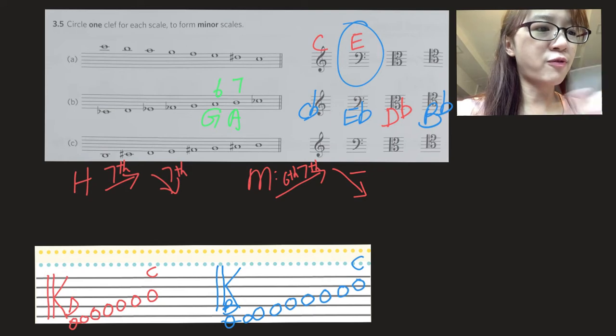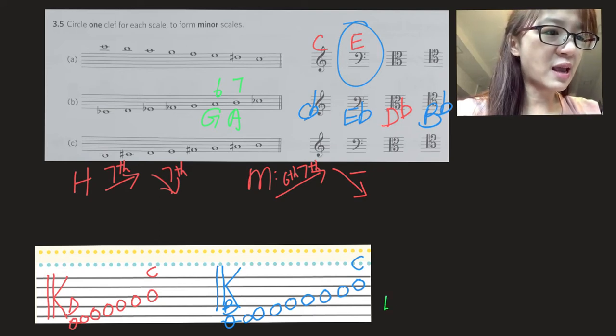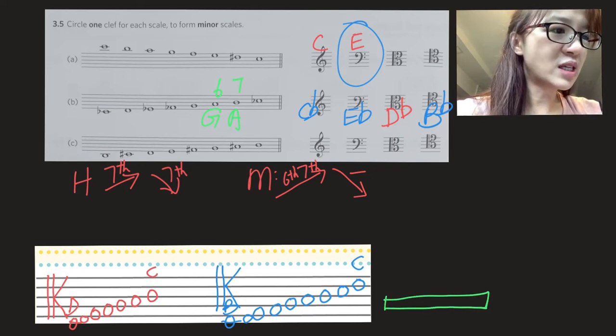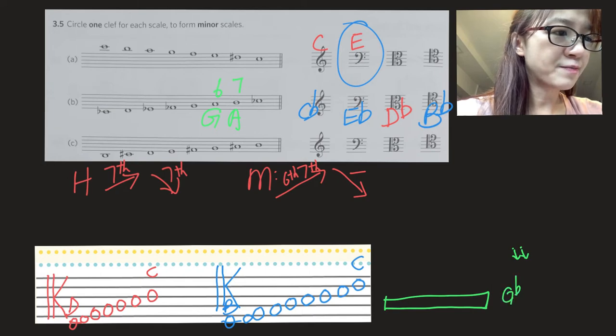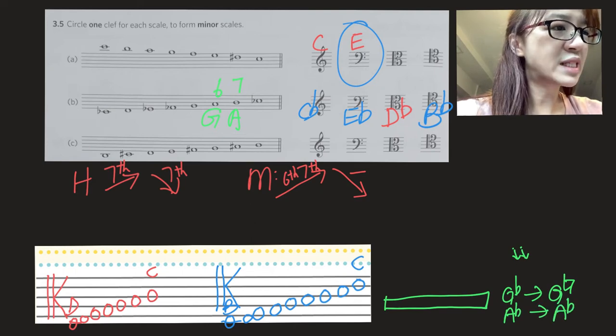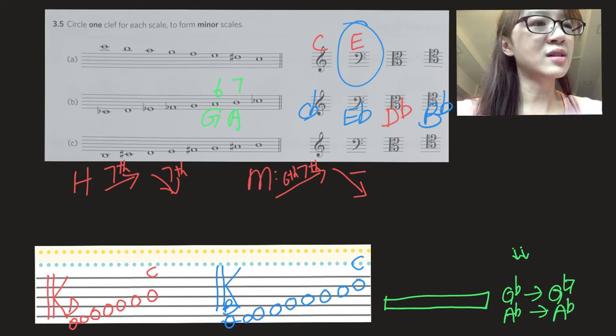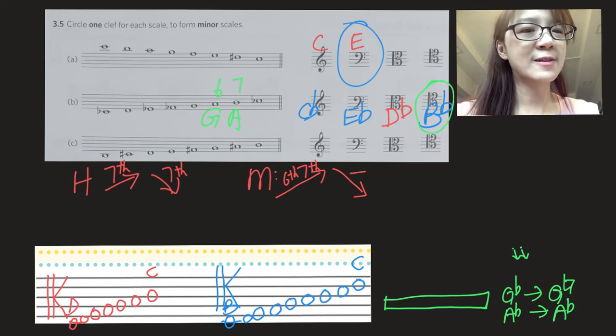So G flat and A flat, you raise them up: G flat becomes G natural and A flat becomes A natural. Raise it up a semitone. So the answer is B flat.